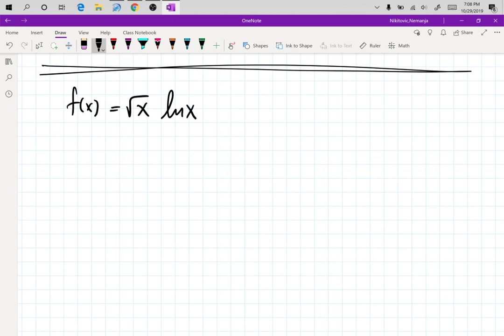Hey Nick, so in this case I think it's taking a negative number, right? The values. You don't need a calculator.